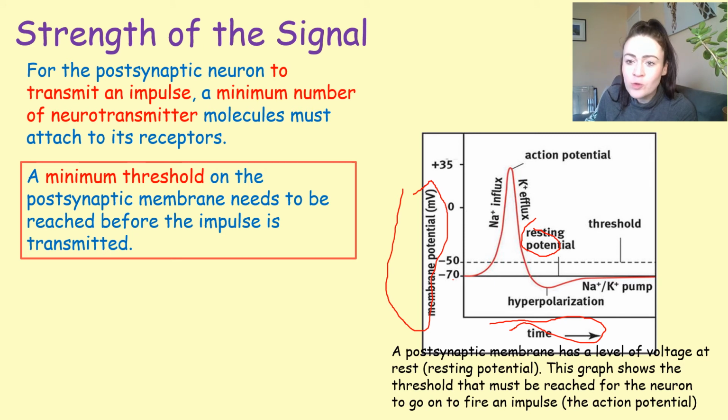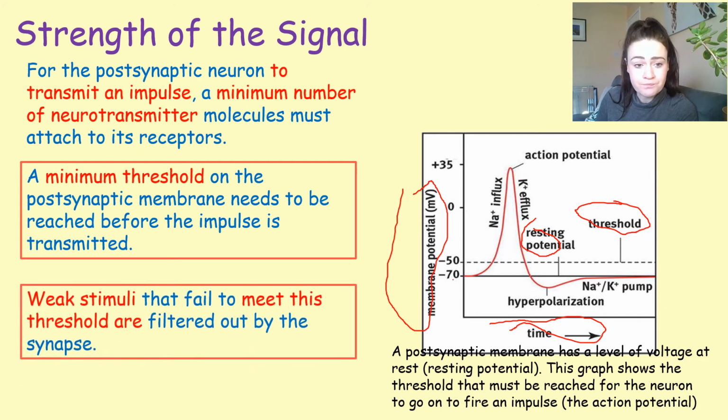Now, if that voltage can reach the threshold, this dotted line, it will shoot right up to the action potential, and that's basically firing off an impulse. So the minimum threshold must be met for an impulse to actually get fired down through a neuron.